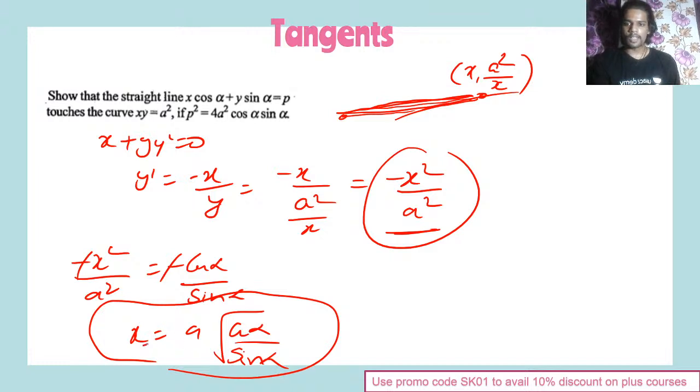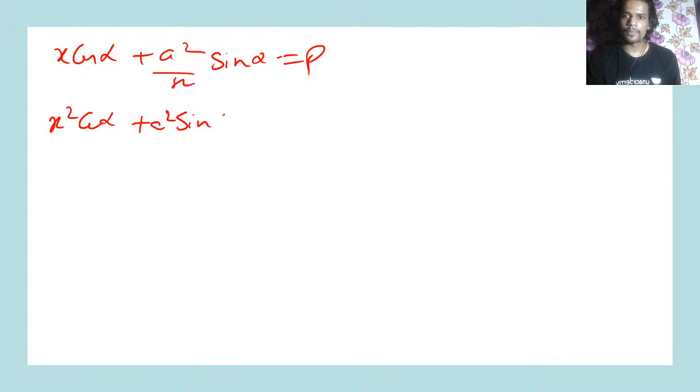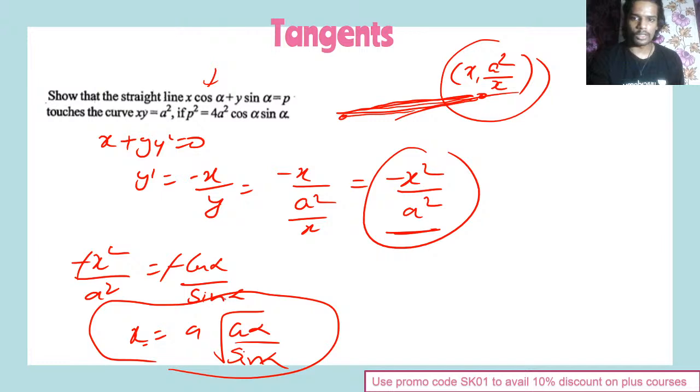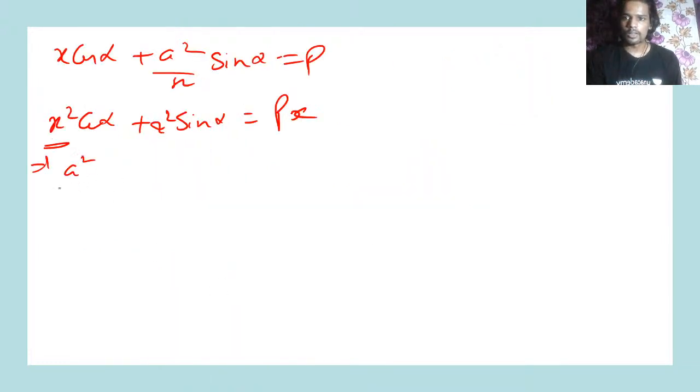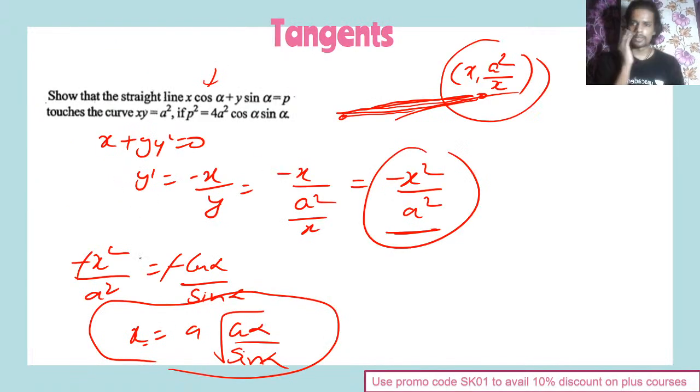Okay, now this x comma a square by x should satisfy the equation of the line also, which means, as we did last time, x cos alpha plus a square over x sin alpha should be equal to p, which means x square cos alpha plus a square sin alpha should be equal to px. Now the value of x square is already given. x square value is a square cos alpha upon sin alpha. I hope this is correct this time. y equals mx plus p.